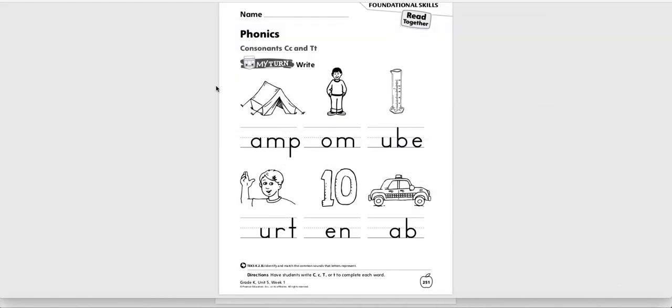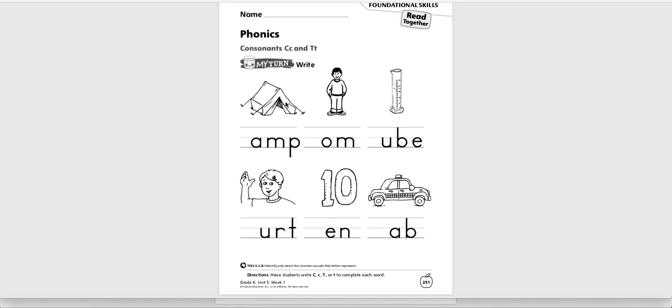Next, we're going to move on to some phonics. We're going to be working on the consonants C and the letter T. We need to write either the C or the T on the following. Let's look at the first picture. What is that? Yes, it's a tent.